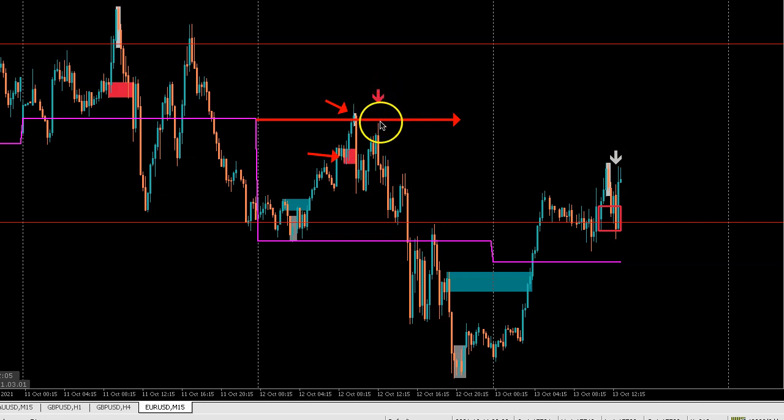This would have been the entry right over here, this retest arrow right here. So the entry would have been right here. That's pretty much it. You don't want to enter on the first entry block in here. You just want to wait for a retest, and this would have been the entry for you right now.